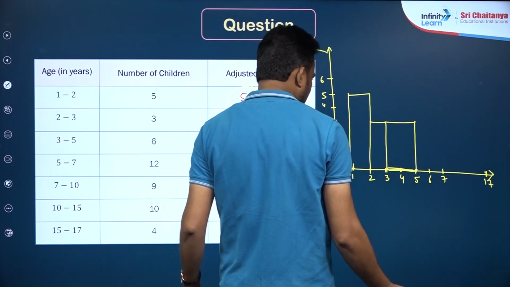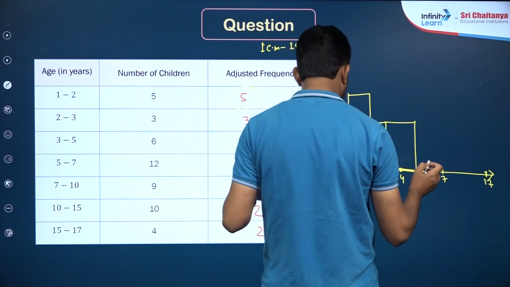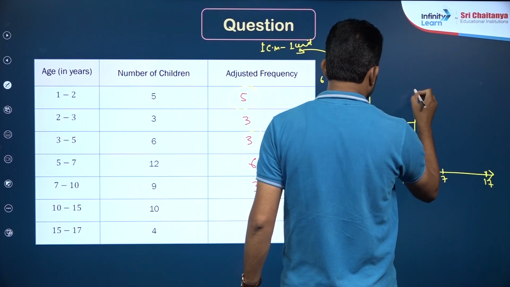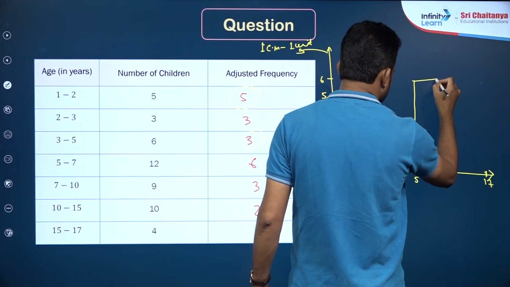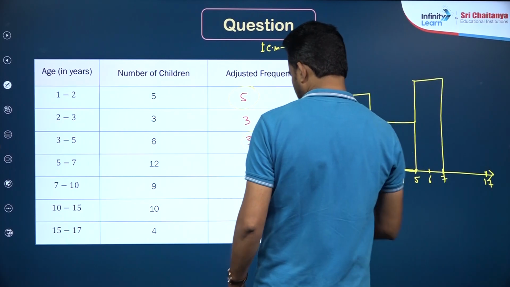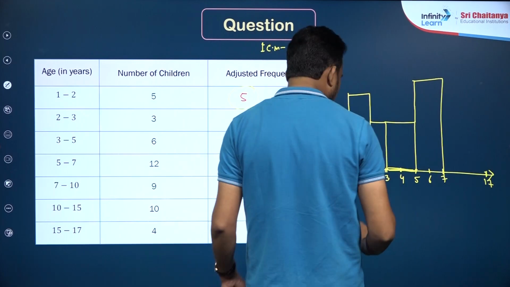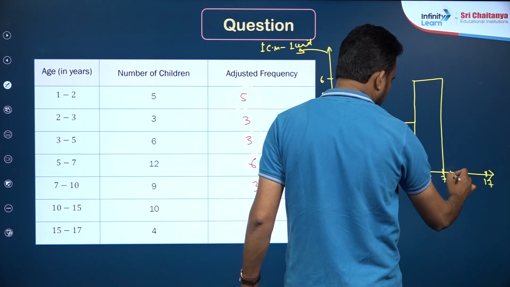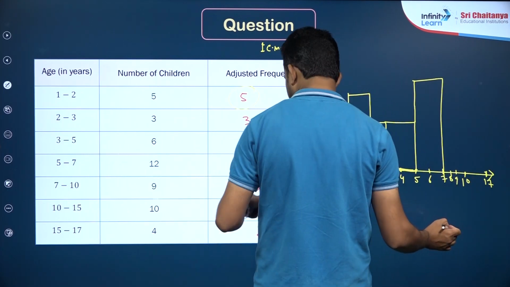Then 5 to 7, we have 6. So 5, 6, this is 6, right? Now 7 to 10, so let's say we have 10 over here, so 7, 8, 9, 10, for 7 to 10 we have 3.